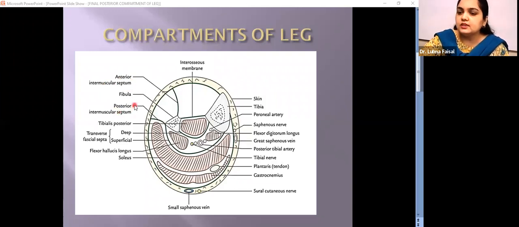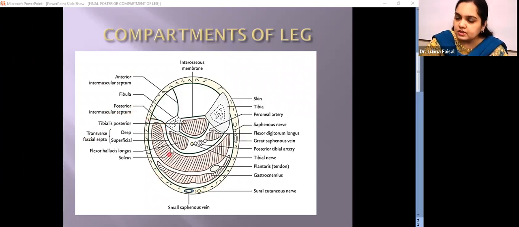Now the posterior compartment. When we talked about the posterior compartment of the leg, it is further subdivided into two groups, the deep and the superficial group. So this is the posterior intermuscular septa.